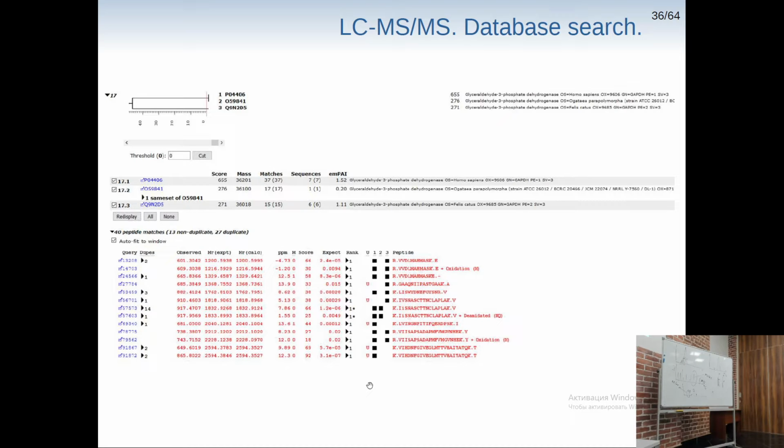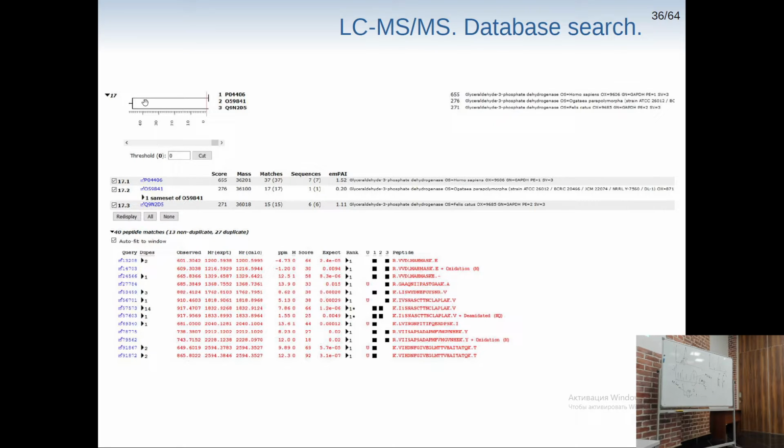Using this mass spectrometry approach of data-dependent acquisition, we've got some number of spectra, and we can upload them onto the Mascot search engine. What we get after this is a table of proteins which were identified. And we can actually try to see which proteins are there.